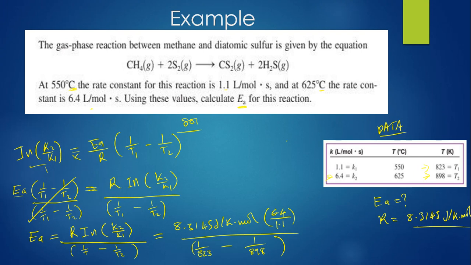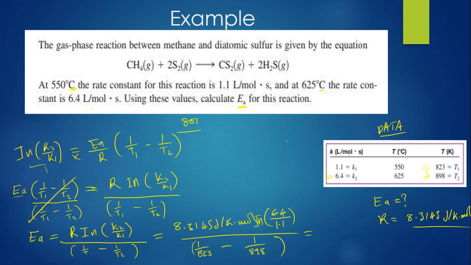And then when you work out everything here, you need to multiply this gas constant 8.3145 times ln. Don't forget ln, I forgot the ln of 6.4 over 1.1.